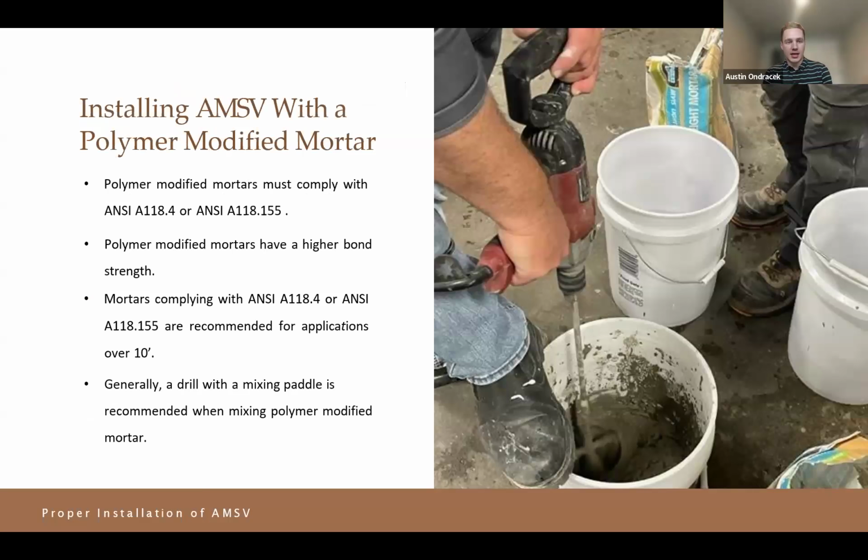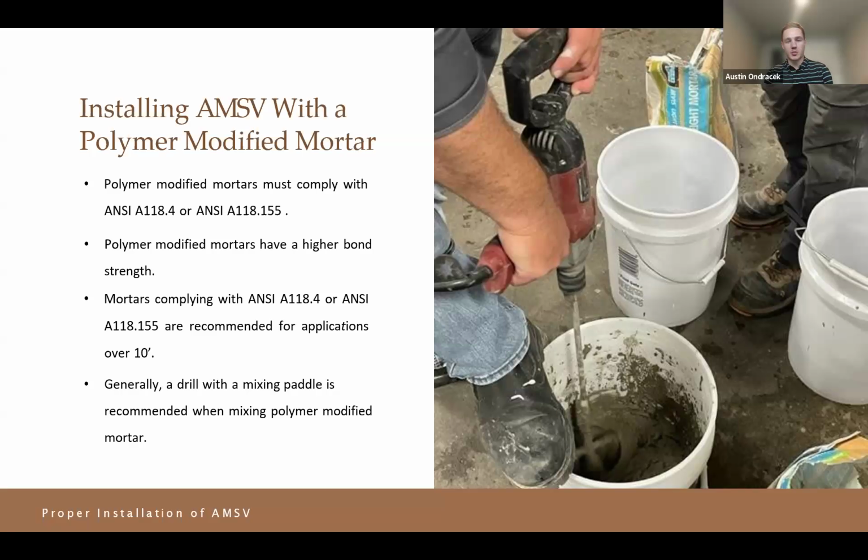And then again, installing AMSV with a polymer modified mortar, they must comply with both ANSIs that have been mentioned. Polymer modified mortars do have a higher bond strength. So if that's a project where you want as much bond strength, stickiness, as possible, this is a mortar that you should use.